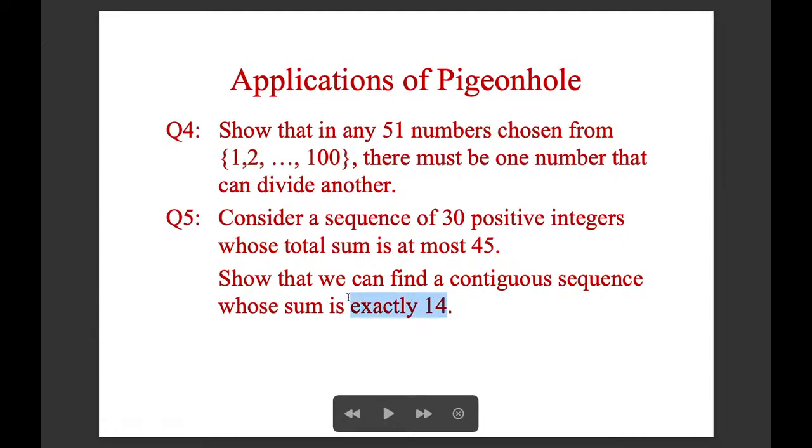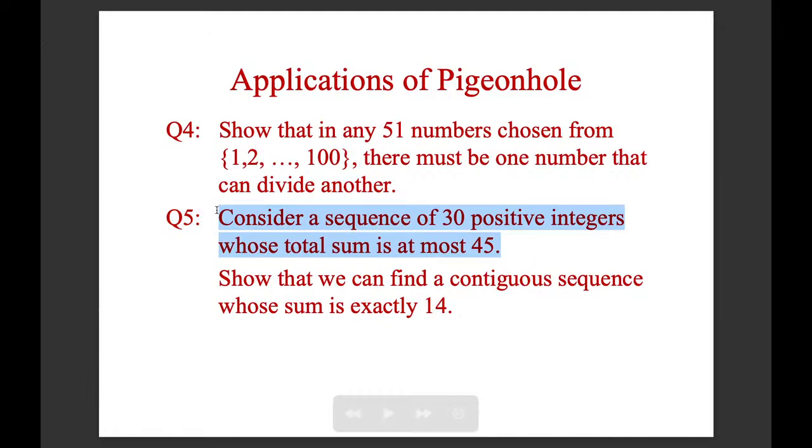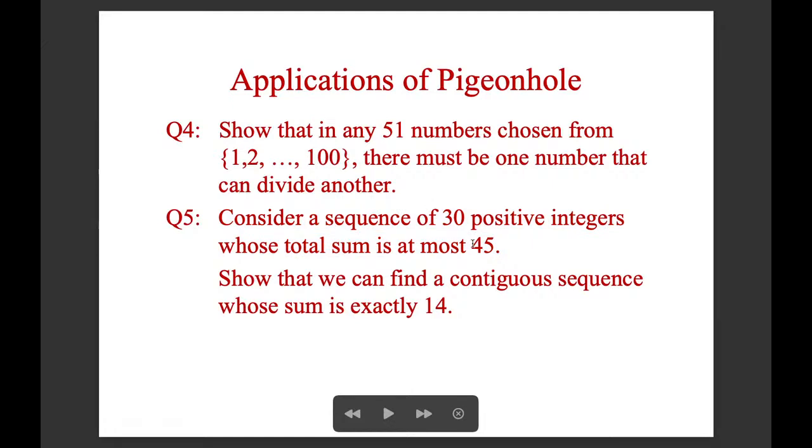Now notice that the hard part is that in the original information, we just know that there are 30 positive integers. We don't know the range of these integers. But there are some hints. Because the total sum is only 45, a lot of them must be 1.